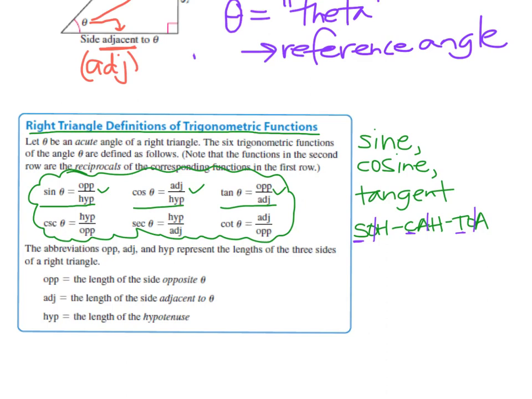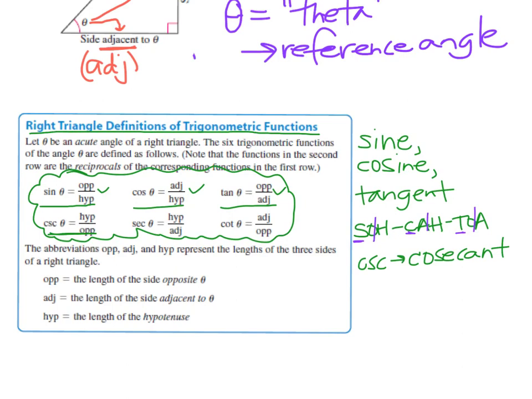All right, but then there are three more, and we don't always hear about these three. Notice the first one, right below sine, goes by CSC. We really can't even say that. CSC means cosecant. Notice it says hyp over opp, so hypotenuse over opposite.